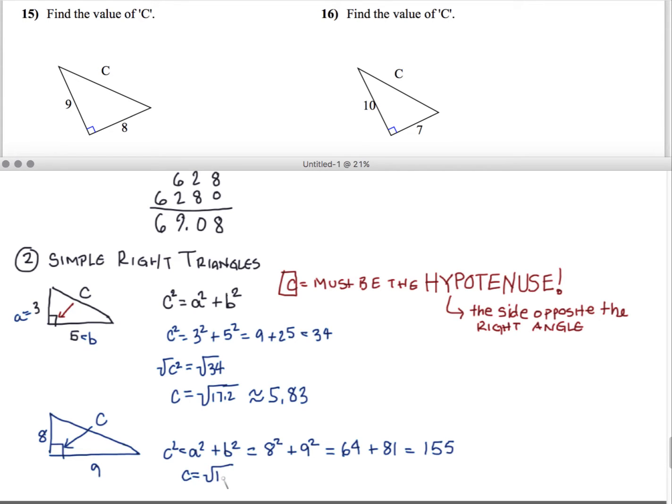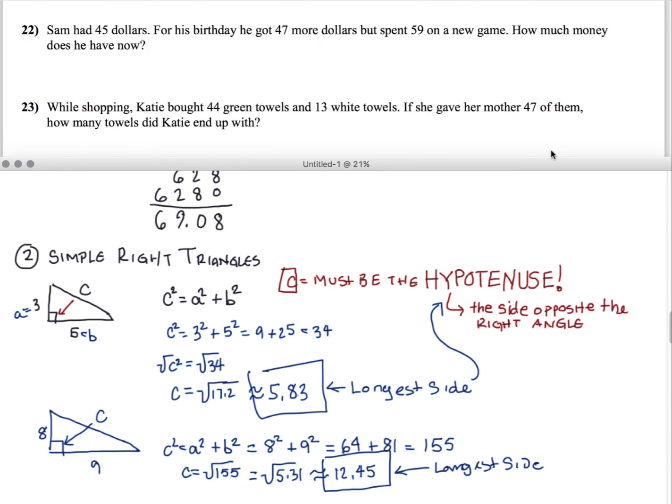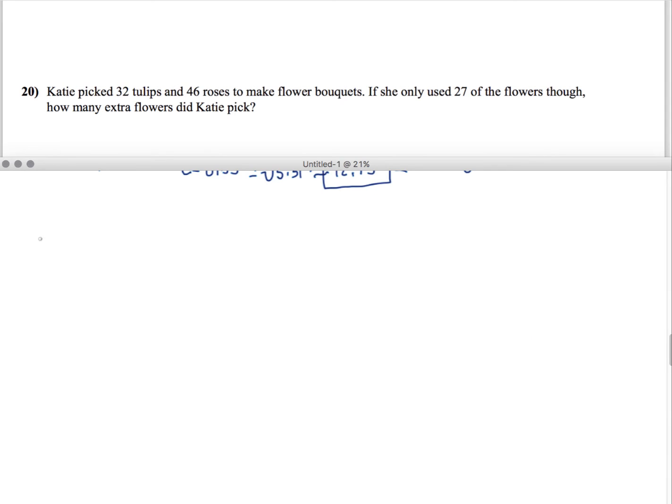And that's going to be the root of 31 times 5, I think. It doesn't really matter. So the approximation is about 12.45. Okay, so here we go. So these are our hypotenuses, and notice, just to double check, they are the longest side, which is what they should be. The hypotenuse is not only the side opposite the right angle, but it's the longest side. Okay, so we're doing great.